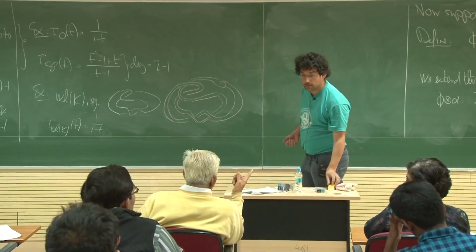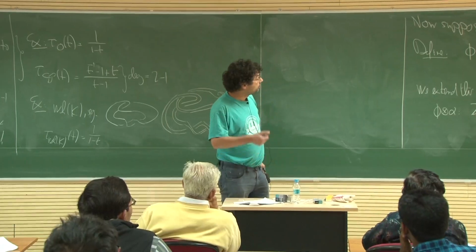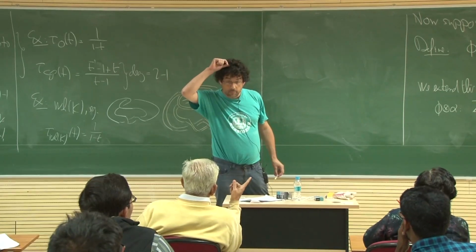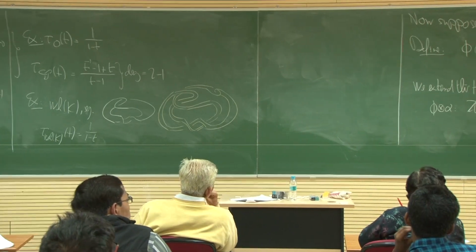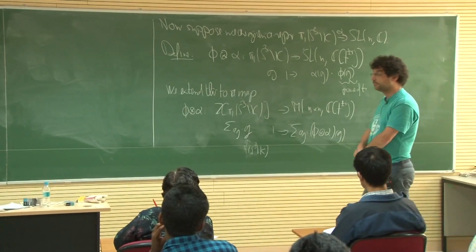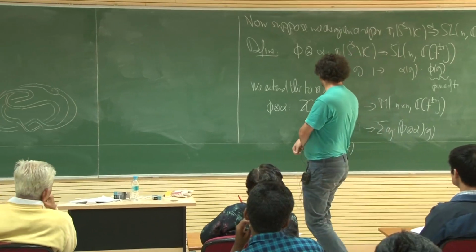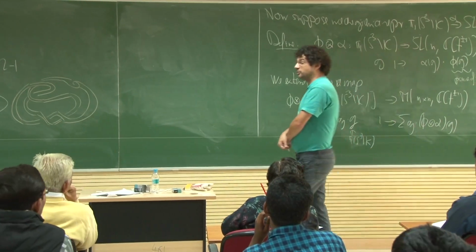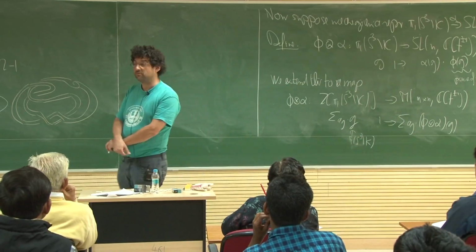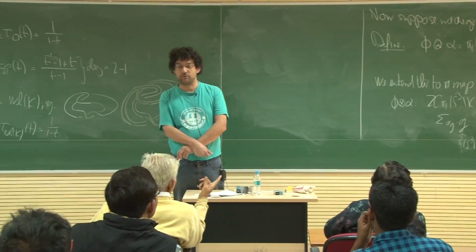Is there any structure theorem for these group rings? Say it again? Is there any structure theorem for these group rings? Oh, the group rings of a finite group, yes, but these are more or less a mess. Many of them are infinite non-abelian groups. These are finite sums, right?